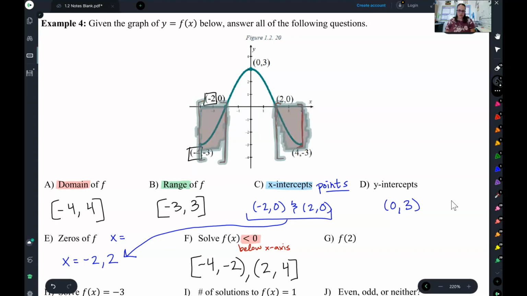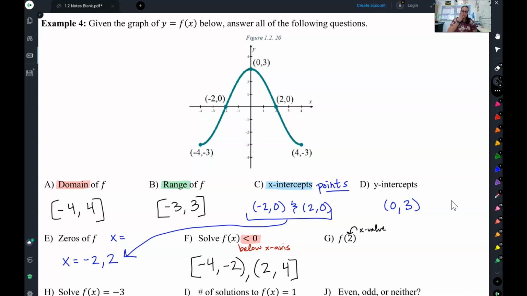Okay, next question. Let's find f of 2. Now remember, this thing in there is an x value. So I want to find where is the x value 2. So I come over here and I want to find the point where the x value is 2. Look at that right there.